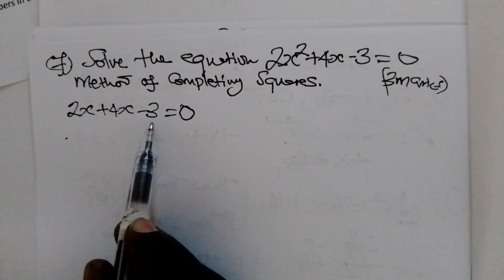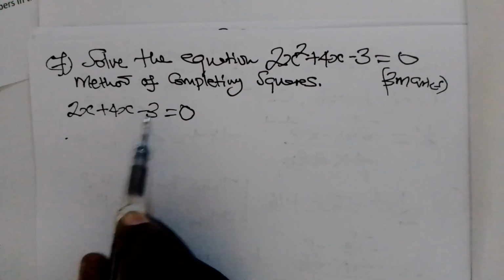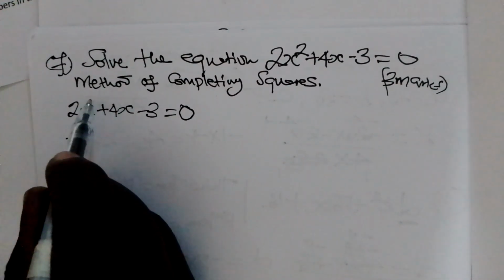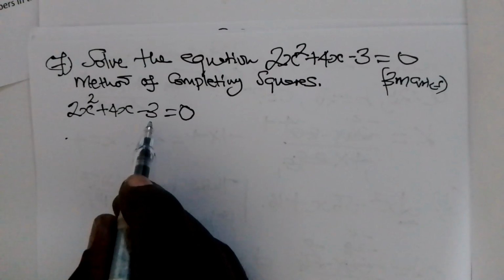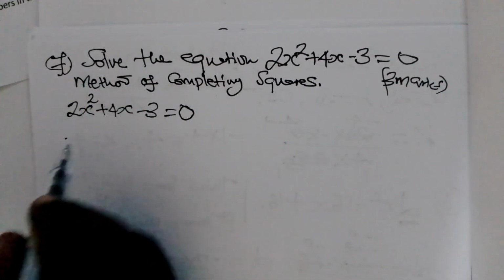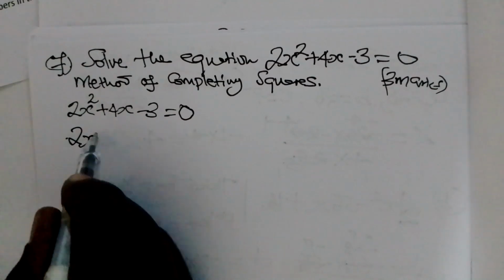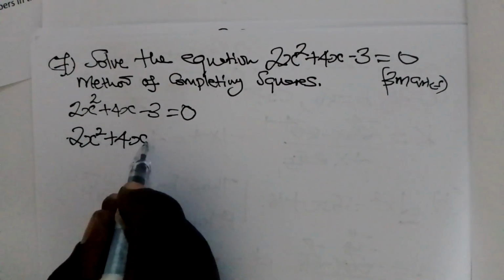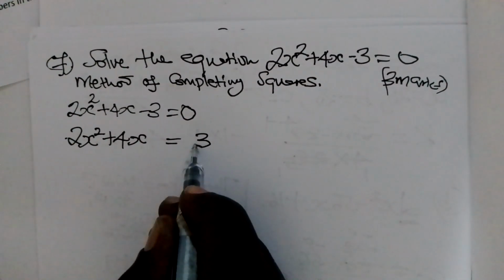Because this is a negative 3, add positive 3 on both sides, so that we have a third term which is not known to us. So when we add positive 3 on both sides, we're going to have 2x squared plus 4x is equals to positive 3.